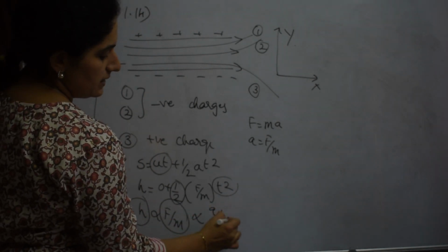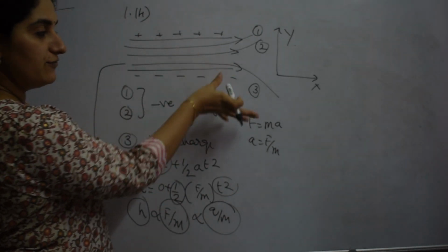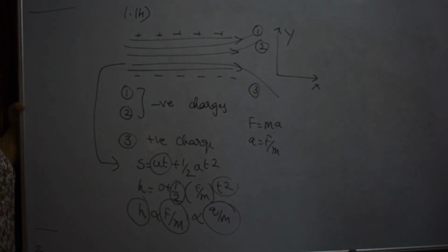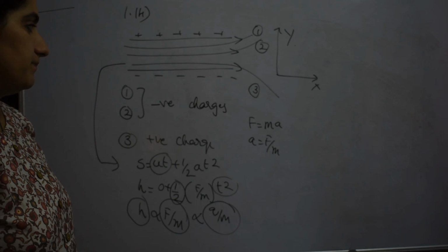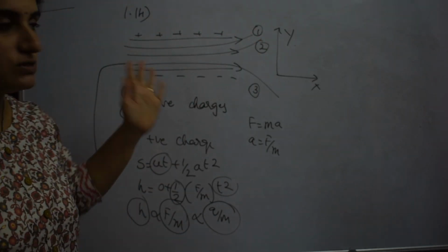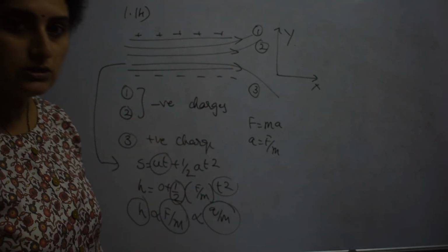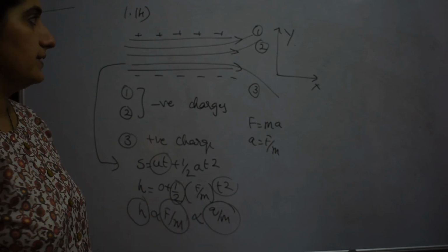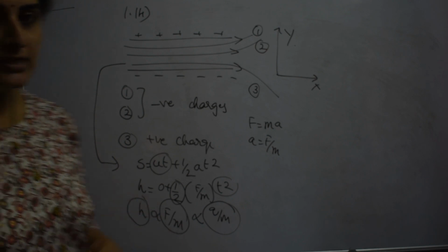So charge to mass ratio, Q by M. If height or deflection is more, then its charge to mass ratio is also more. So this is regarding exercise 1.14. These two are negative charges, the third one is positive charge, and if deflection is more, then its charge to mass ratio is also found to be higher because it is directly proportional. Next is 1.15.